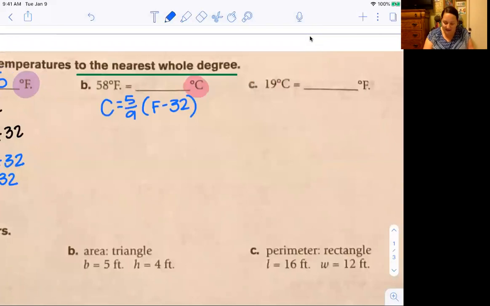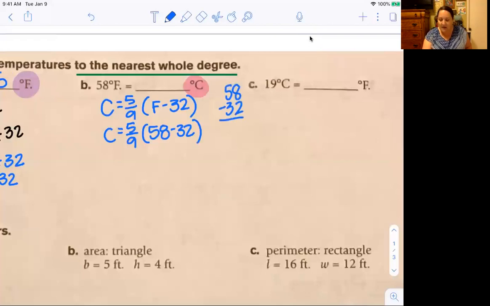Let's plug in. Celsius equals 5/9 times 58 minus 32. We're going to do the 58 minus 32 vertically, so we don't make a silly mistake. 8 minus 2 is 6, and 5 minus 3 is 2. So we get Celsius equals 5/9 times 26 over 1.